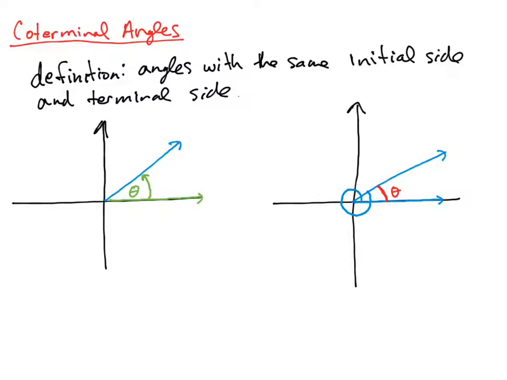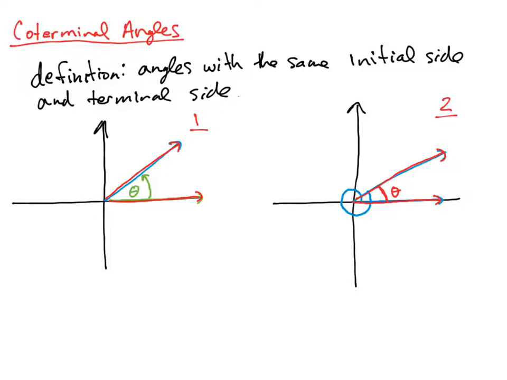These two angles are coterminal because they both start along the positive x-axis, and they both end in the same position in the coordinate plane, even though this second angle rotated a further distance.